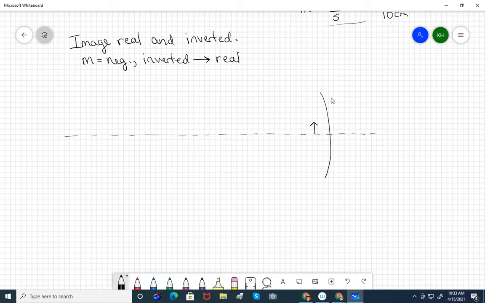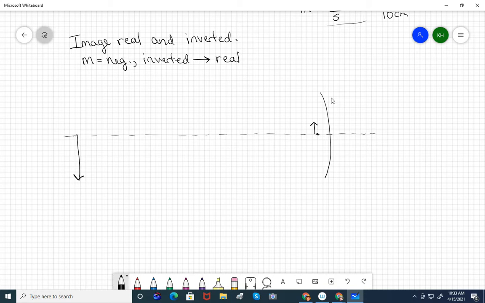Your image is way over here. And it's 30 times bigger. So I have not even drawn this close to being drawn to scale. But I just wanted you to see what happens. The focal length was right about here. Remember, we got that the focal length was about 9.5 centimeters and the object was at 10 centimeters.